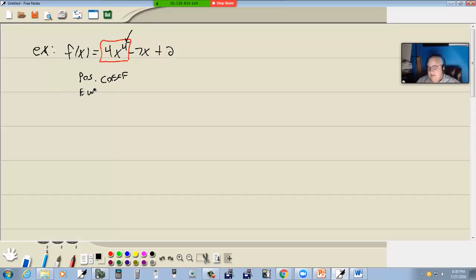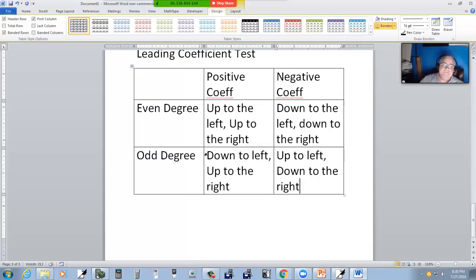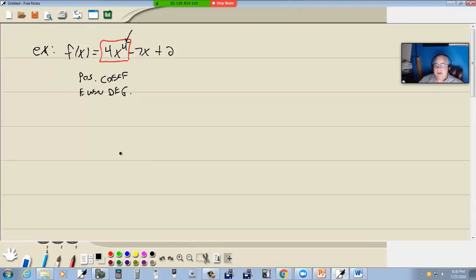This is an even degree. So if I look at positive coefficient and even degree where they intersect, it says up to the left, up to the right, and that would be our answer. So up to the left, up to the right.